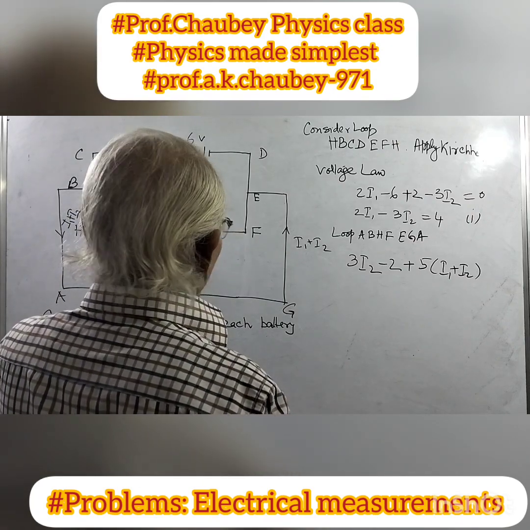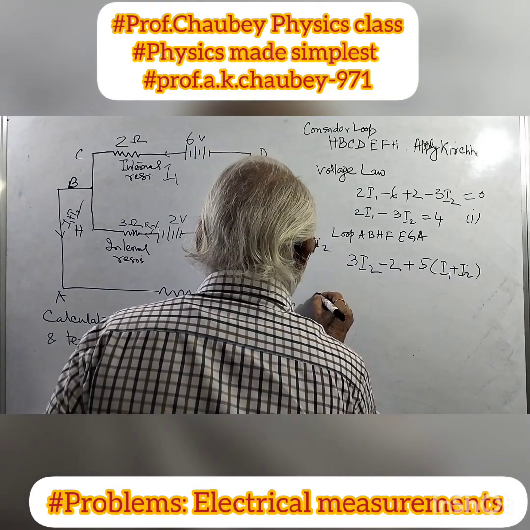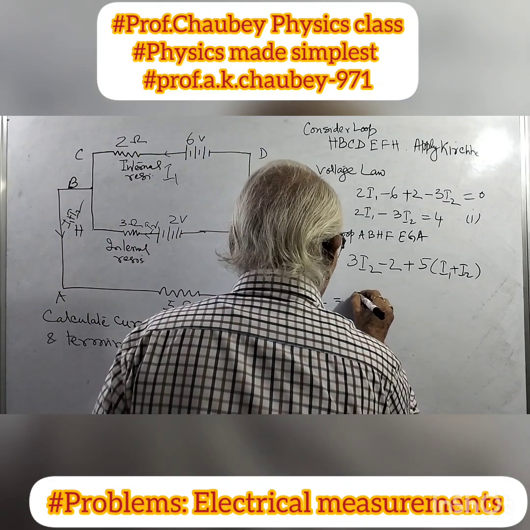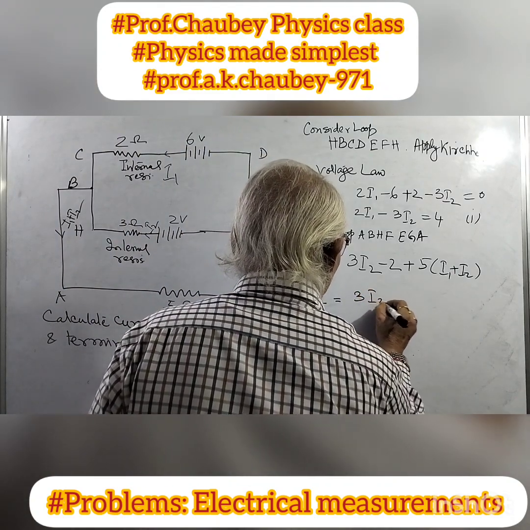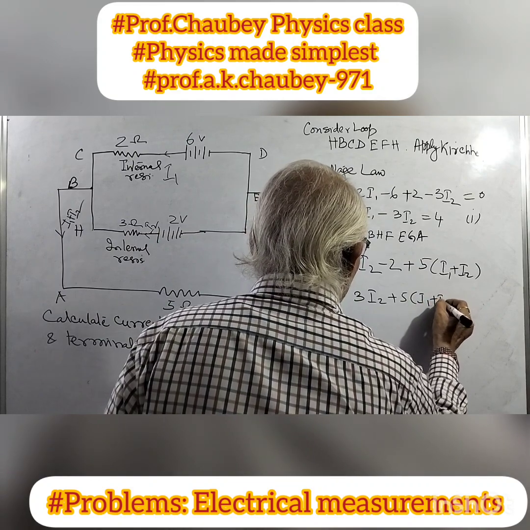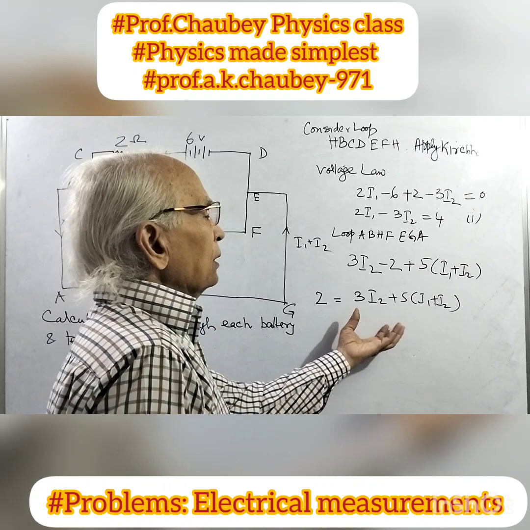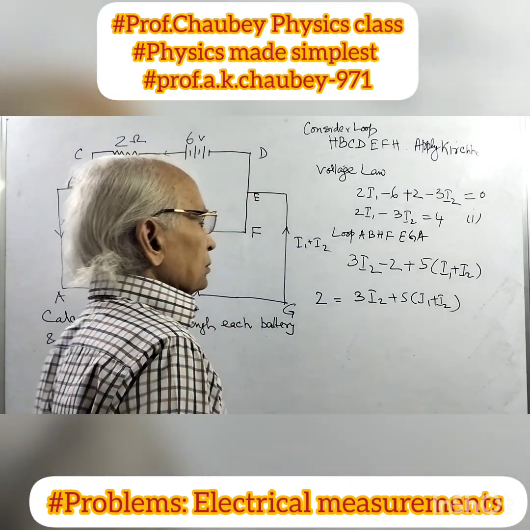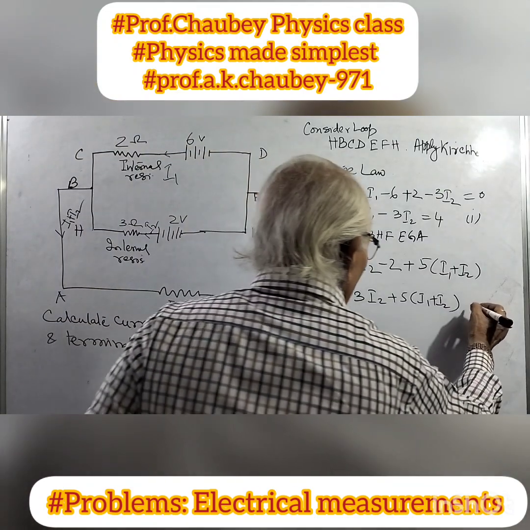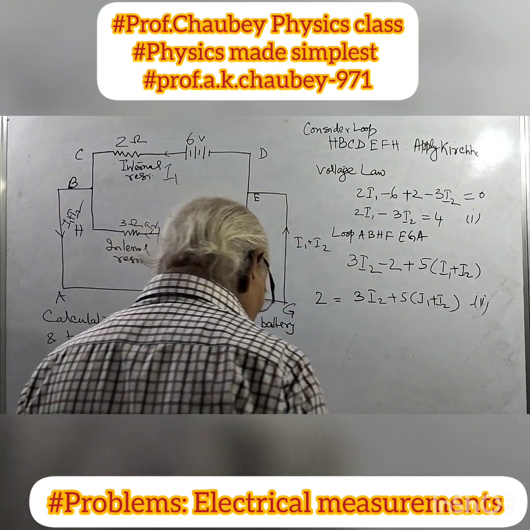That is, 2 volt must be equal to the IR drop, which is 3I2 plus 5 into I1 plus I2. This is the Kirchhoff voltage law: the applied voltage must be equal to the total IR drop. From this you have equation 2, and you have equation 1 here, so you can solve equations 1 and 2.